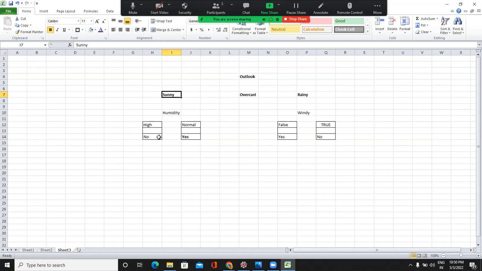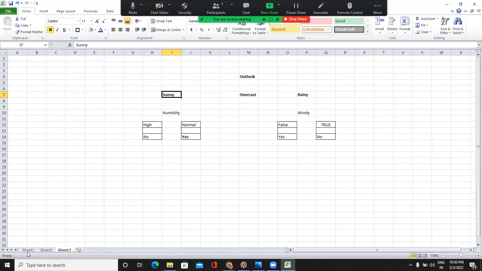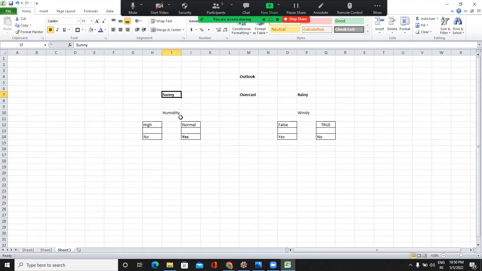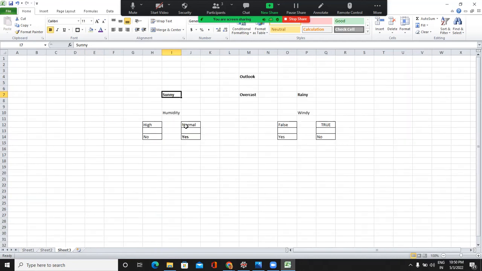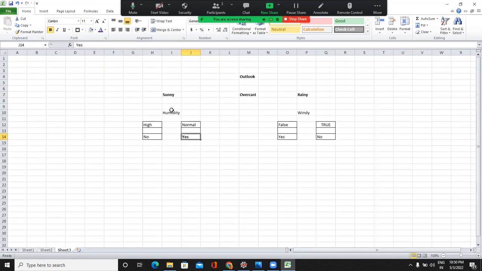We immediately come to sunny. Then temperature we do not have, so we do not have to worry about that. Whatever the temperature, the outcome will be the same. Humidity is normal, and again windy we do not have. So it doesn't matter if it is windy or not, he will play. Once it is sunny and humidity is normal, our decision tree shows that the person will play. So this is the answer.